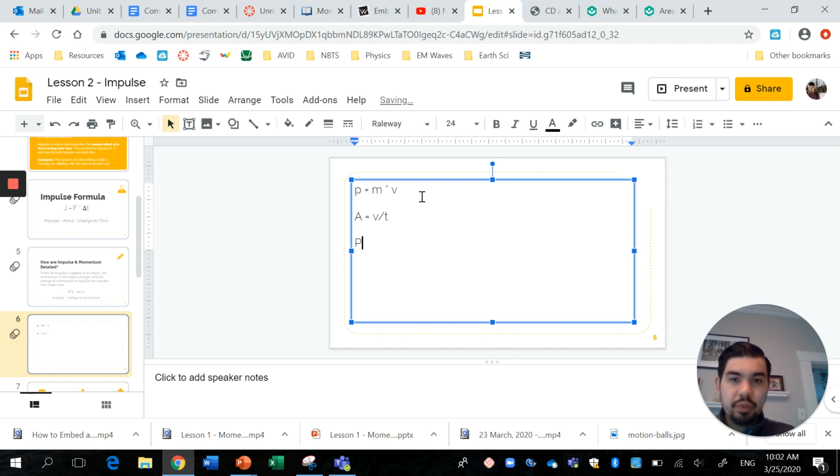So if we have momentum equals mass times velocity, and we multiply this by time and divide the whole thing by time, what we end up with is momentum equals mass times acceleration times time.